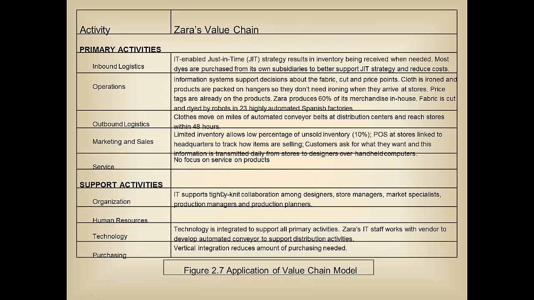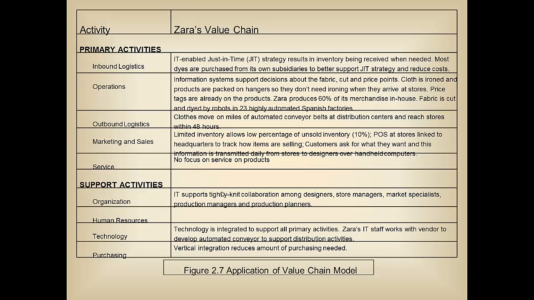If we take a look at some of the examples, when we're looking at Zara's value chain, we have a few things. Zara's has, on the inbound logistics side, you can see they have a just-in-time strategy that's IT enabled. And just-in-time is an operations and manufacturing strategy.